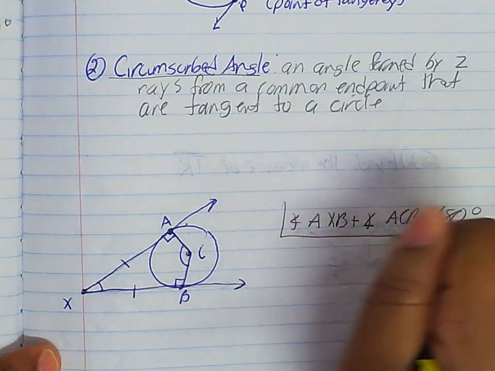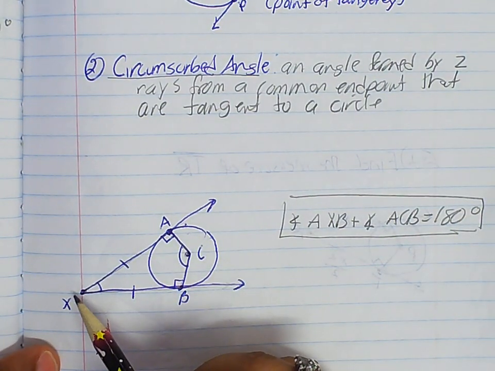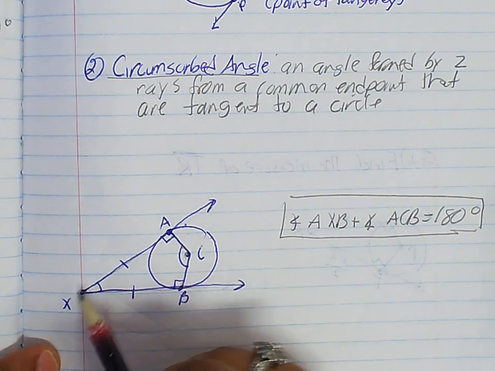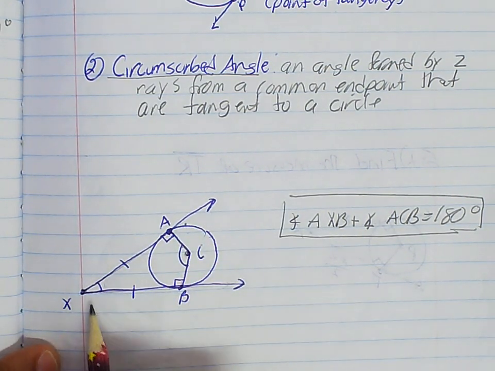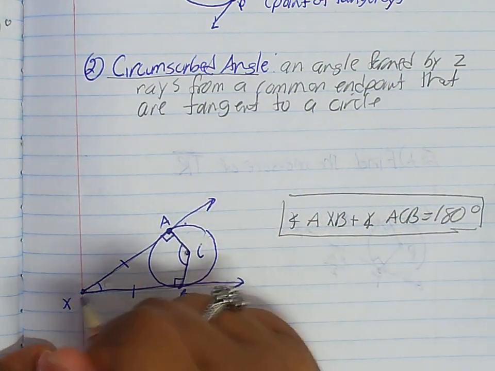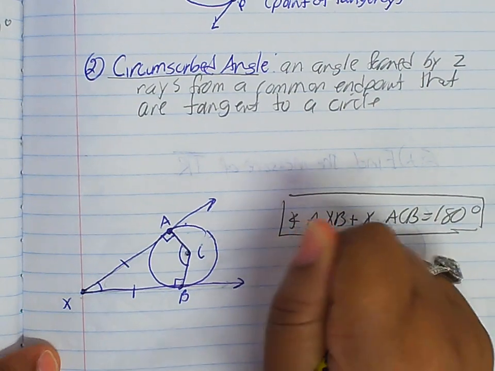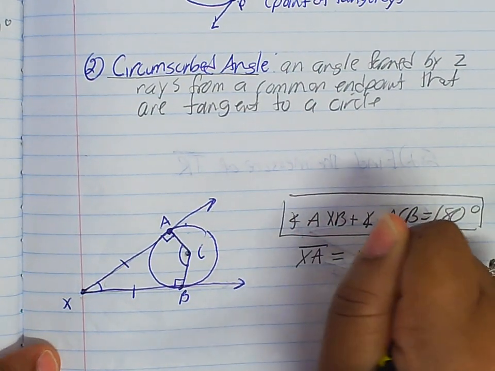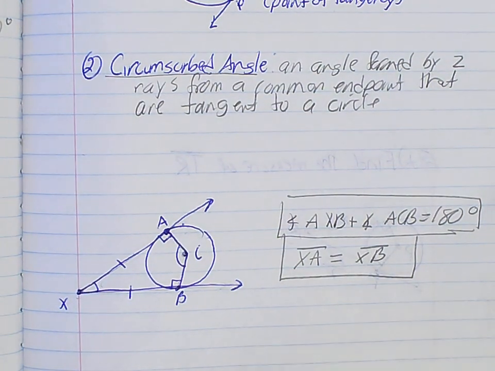And then another thing we can say is that line segment XA, or you can say ray XA, is equal to XB. So XA equals XB. Okay, so that's important to help you answer the problem.